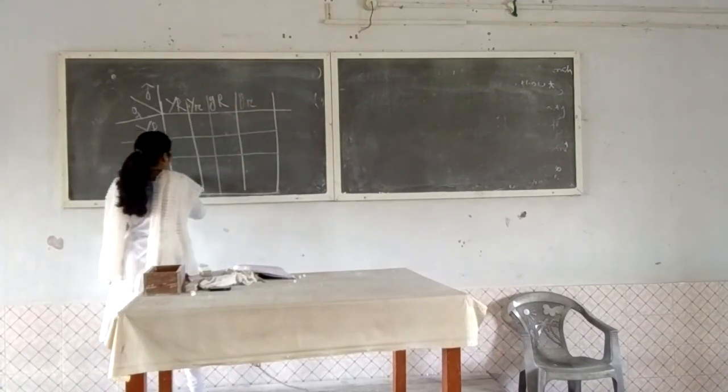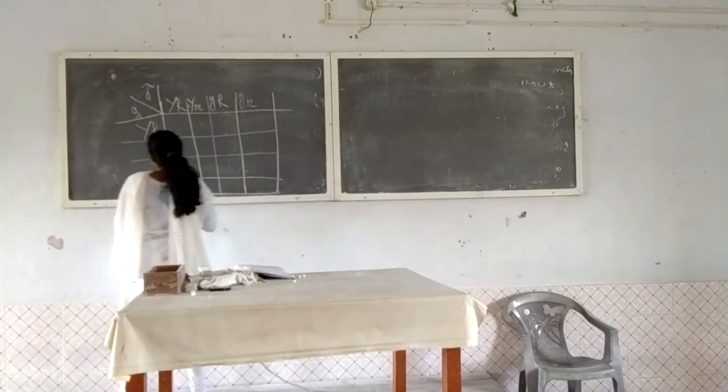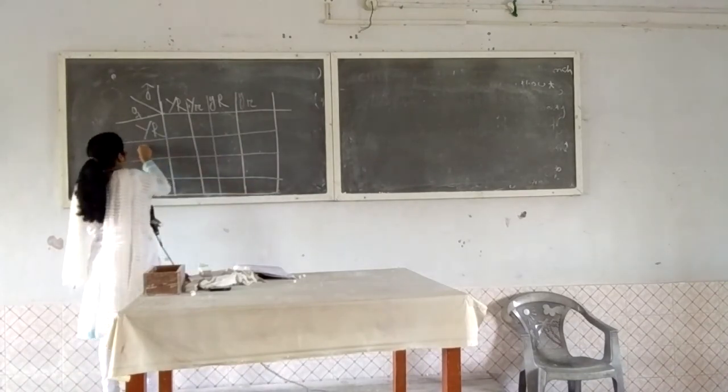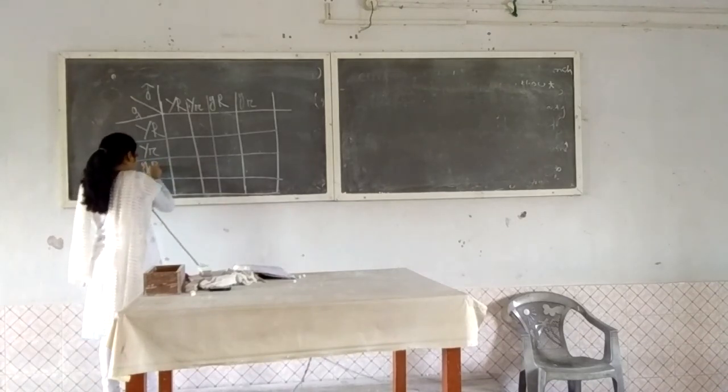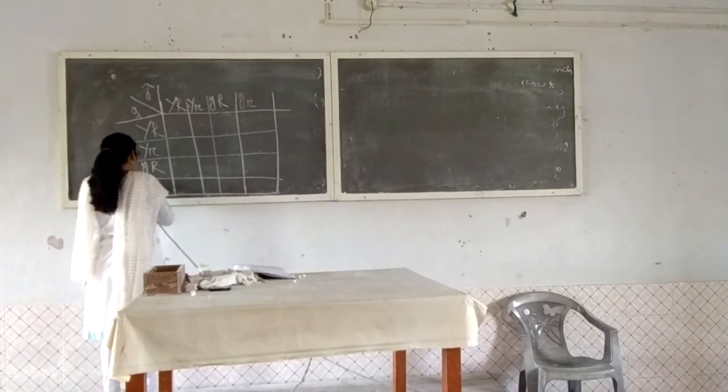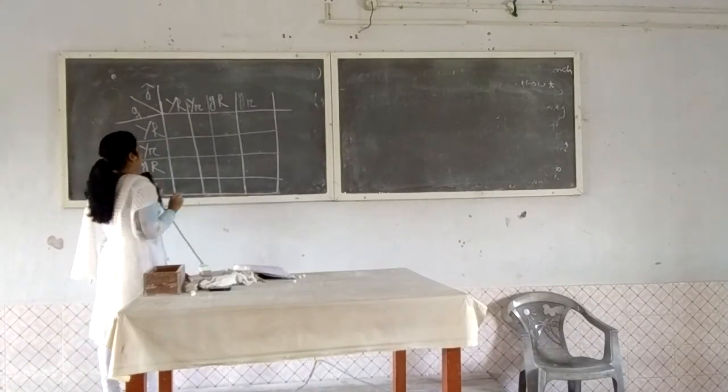Here also he took capital Y small y, capital R, then small y small r.